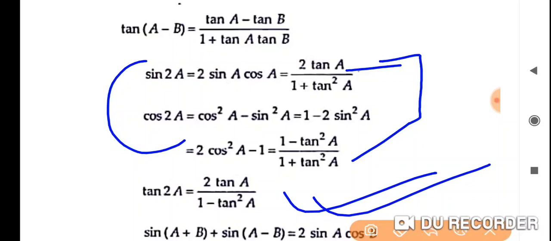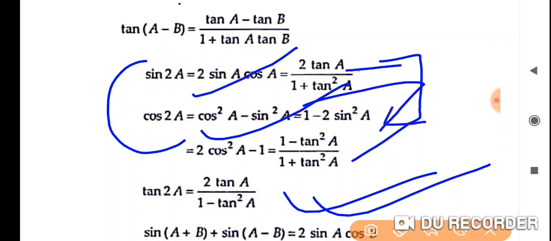Dear students, I am trying to make these identities easier for you to learn, because these are very important. Sin 2A, how did it come? If you put B equals A in the expression sin(A+B), you will get 2 sin A cos A. In the expression cos(A+B), if you put B equals A, you will get cos²A minus sin²A, which is further reducible to 1 minus 2 sin²A and 2 cos²A minus 1.